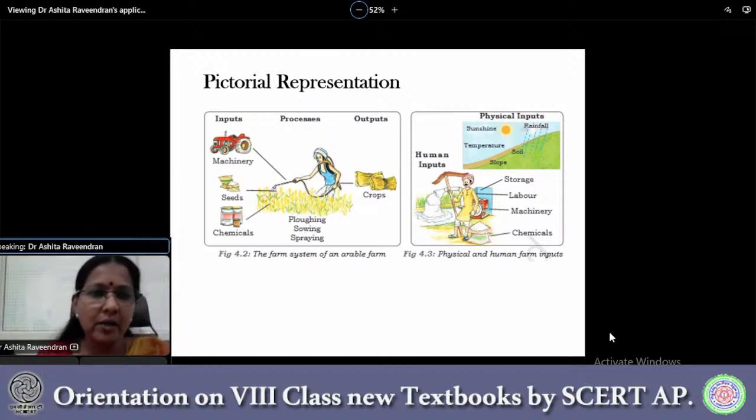You will find such pictorial representations in the textbook, which give more clarity and help the child retain the information.